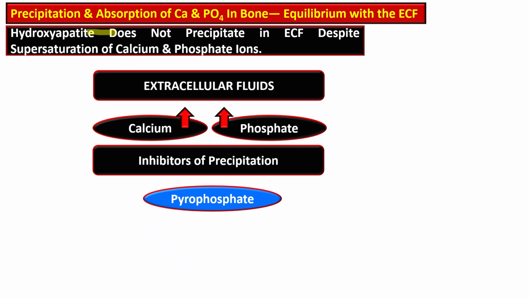The designed site for the precipitation is the bone. The body actively promotes precipitation of hydroxyapatite in the bone only because in extracellular fluid there are inhibitors of precipitation present, that are pyrophosphates.